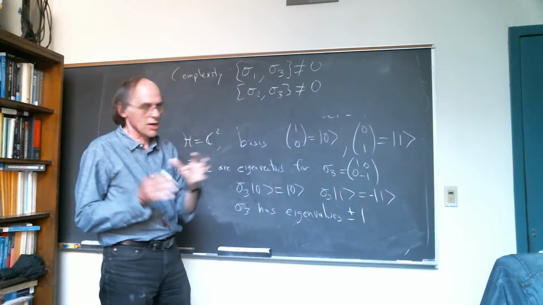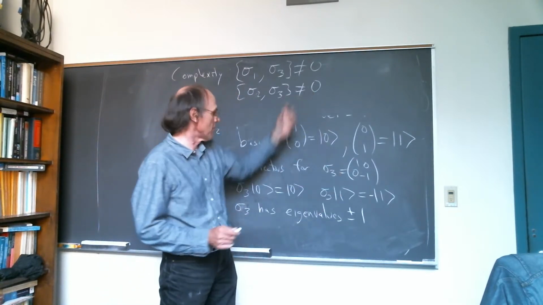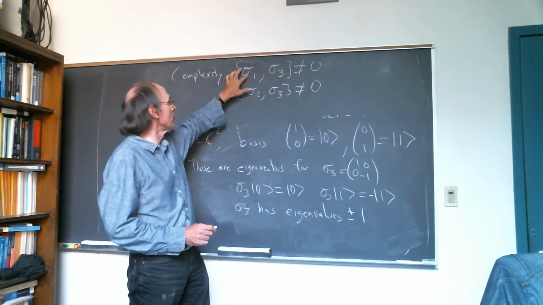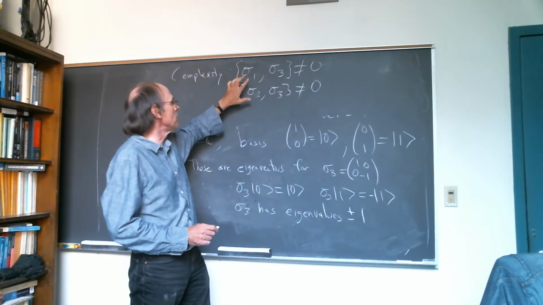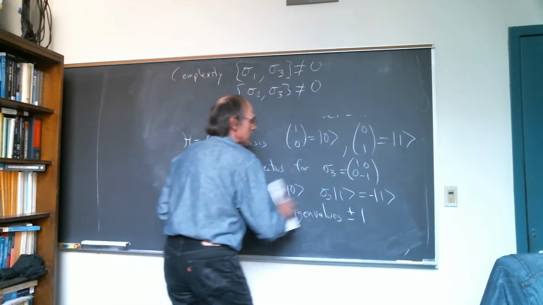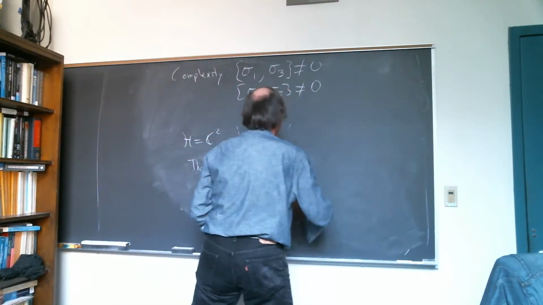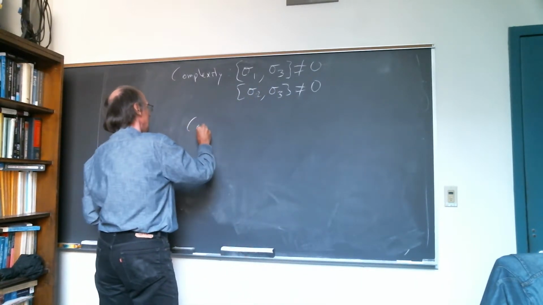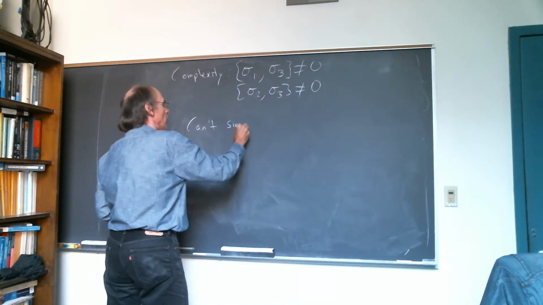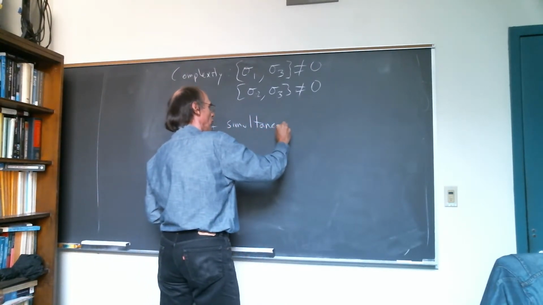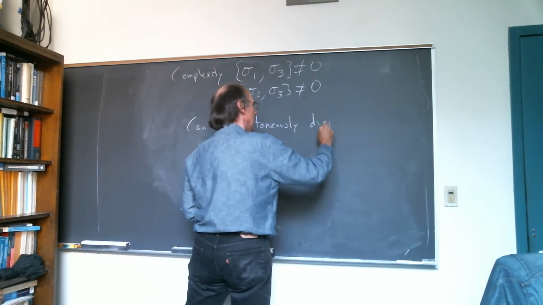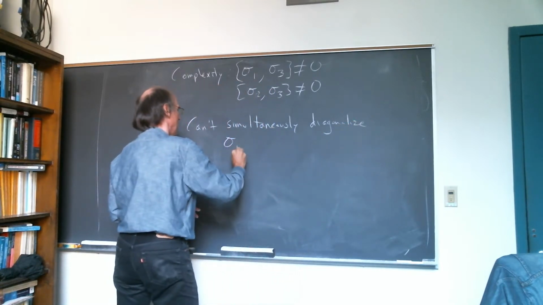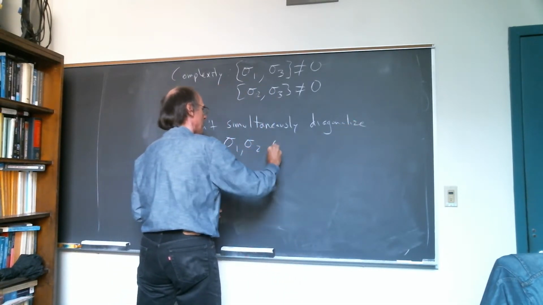The problem is that you can characterize your states by these eigenvalues of sigma 3, but if you do that, let me say what the bottom line is here. You can't simultaneously diagonalize sigma 1, sigma 2, and sigma 3.